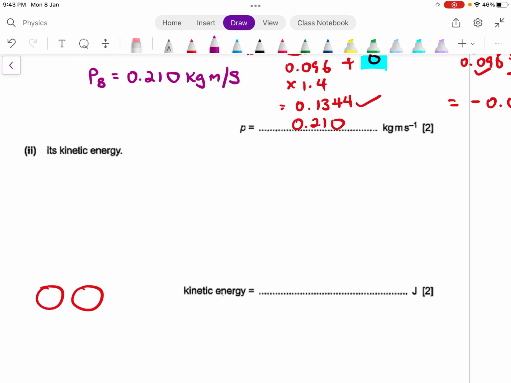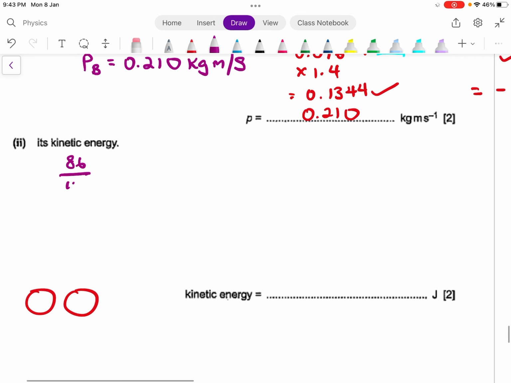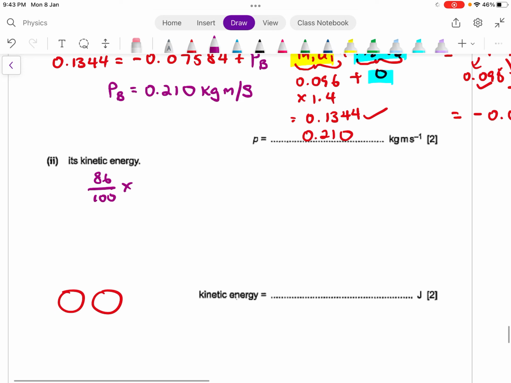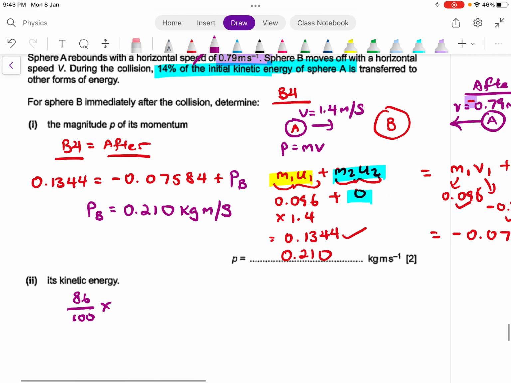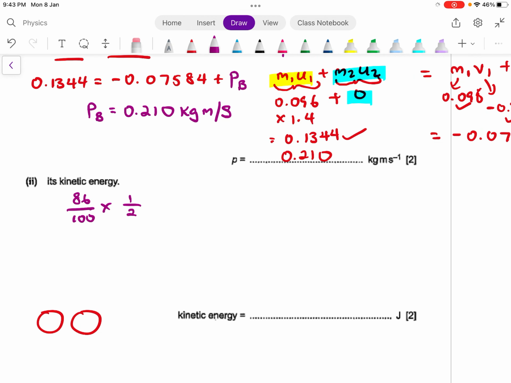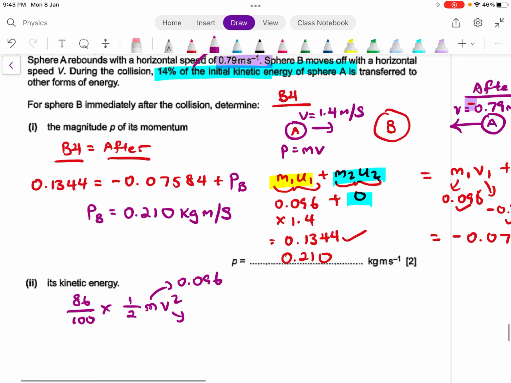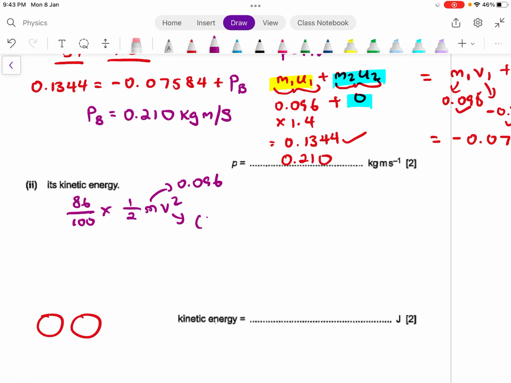So okay, first, 86% over 100, you multiply by my initial kinetic energy, so half mv squared. My m is 0.096. My speed, I can quote from the part B answer, so just 1.4 squared. So this will be the kinetic energy left.